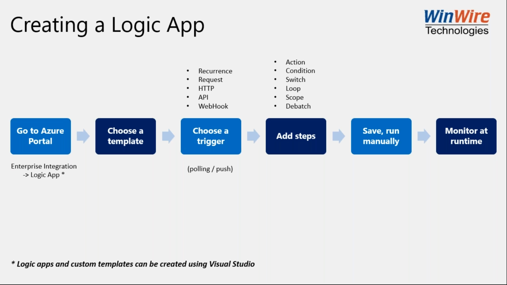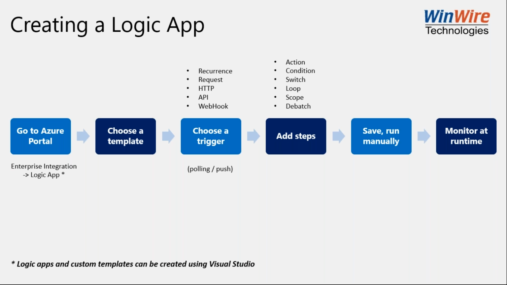trigger, and then comes the main workflow part, right? So you can have ifs and else's conditions. You could have switch cases, loops. You can even scope your workflows, and also anybody who is familiar with workflow engines, you could batch and debatch, right?